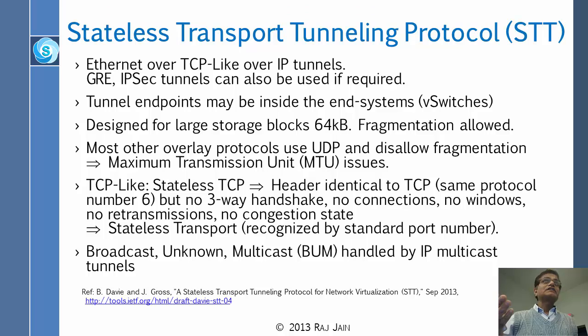When you do data transfers from the storage, you do one chunk of 64 kilobytes. So it was not designed to optimize for little packets, but for really large blocks. Many other protocols use UDP, and then they disallow fragmentation. So your packets have to be very small, because if you don't allow fragmentation, you have to send very small packets.